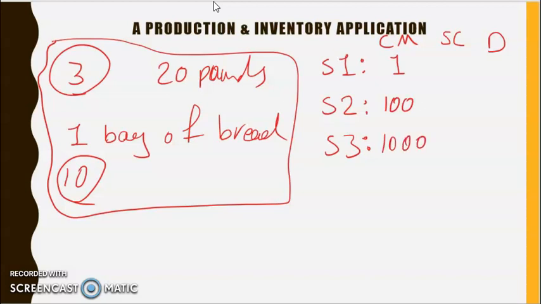I make it this much magnified because I want you to get the point I'm referring to. So you see, cost of material for each product in season 1 is 1, season 2 is 100, and season 3 is 1,000. And assume demand is equal for everyone. Demand is 100.